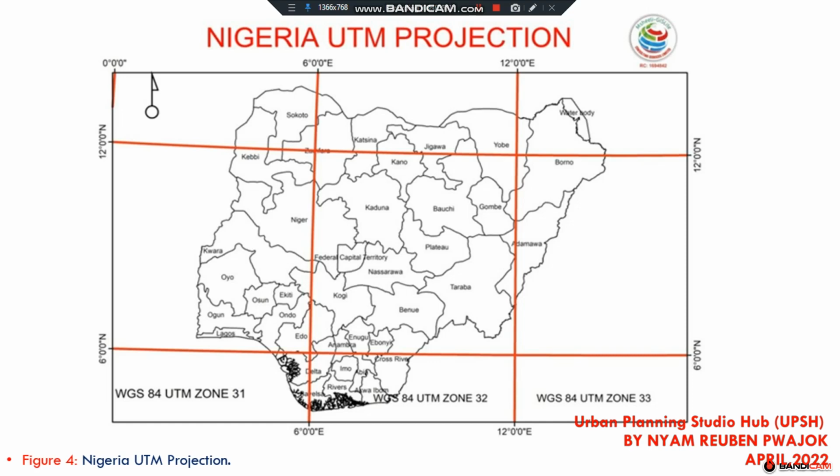All you need to do is to do the setting for Borno State by using zone 33. From here, you can also work as a freelancer in other developed countries if you are a pro in GIS. All you need to do is to know the UTM setup and all the projections. You can work anywhere from the comfort of your home. Okay, so that is that for this class.